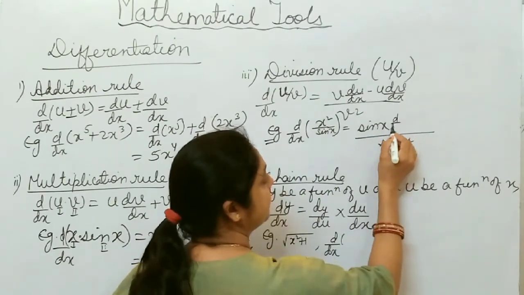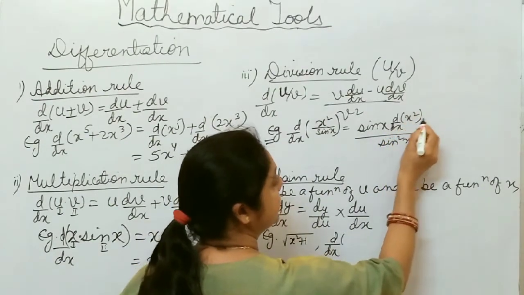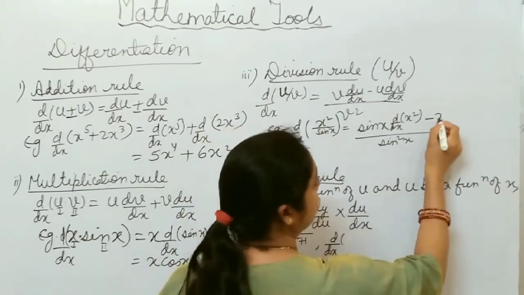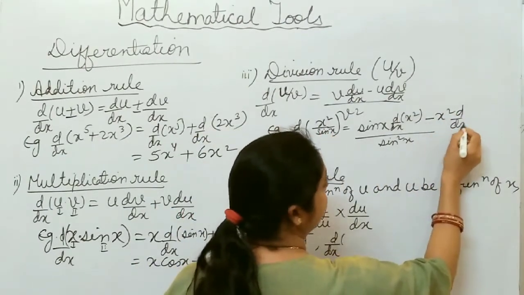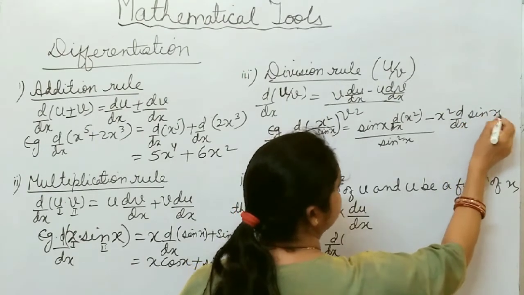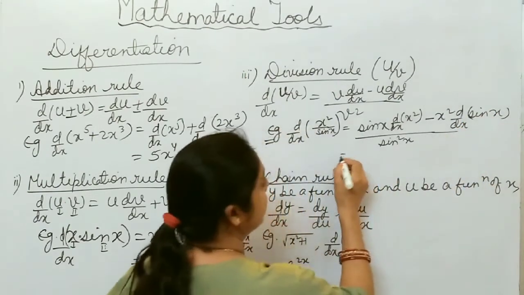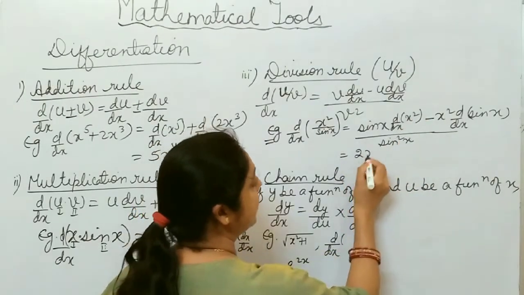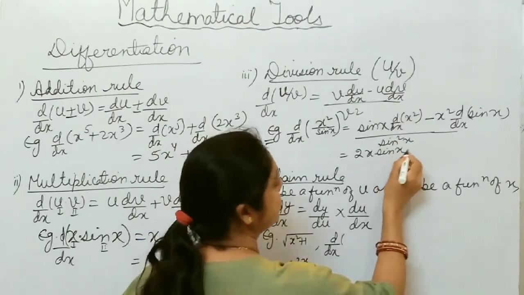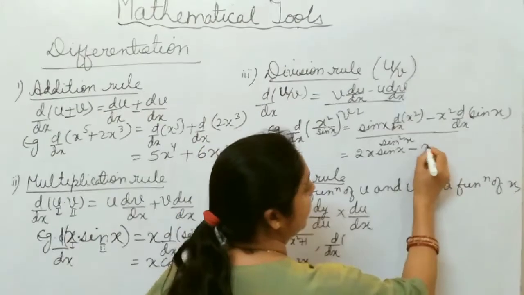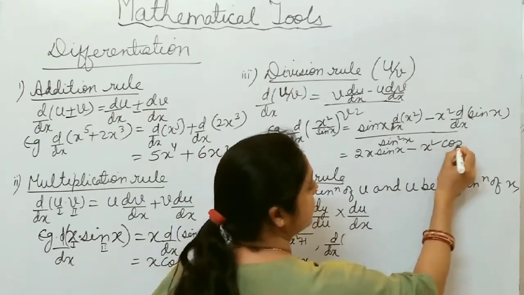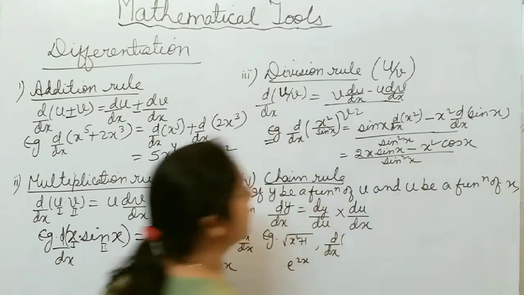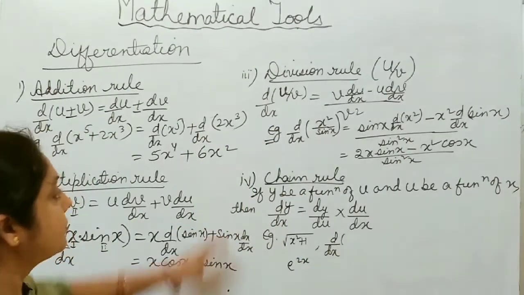You know the differentiation of x square, just differentiate it, minus. Then write the numerator x square and the differentiation of the denominator sine x. In this way you differentiate, and you know the differentiation of x square is what? 2x. So 2x sine x minus x square, the differentiation of sine x is cos x, by sine square x. In this way you apply this rule, right?